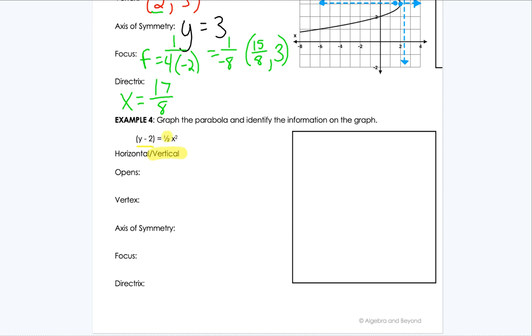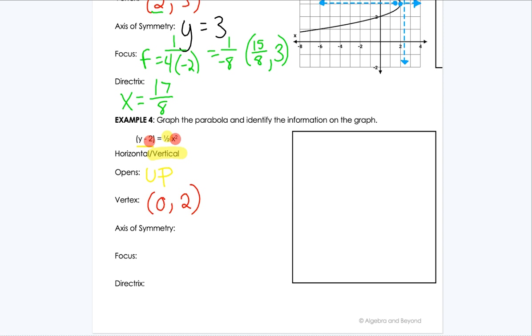And since the a value is positive and it's vertical, it's going to open upward. Then I can start finding the key points of my vertex. I notice that the y has a minus 2, and the x doesn't have anything attached to it. So that means that the x coordinate is 0 and the y coordinate is 2.